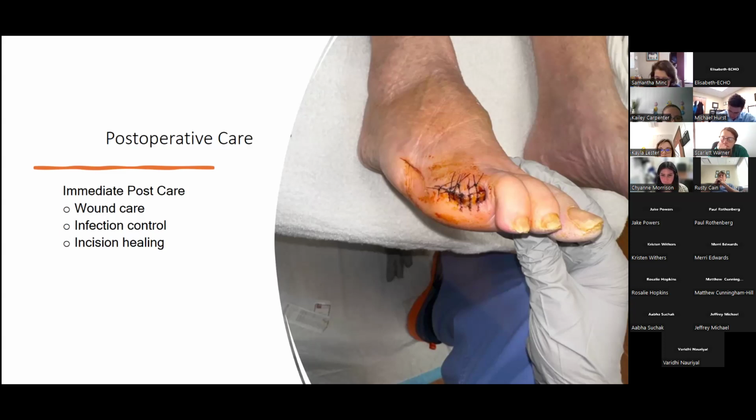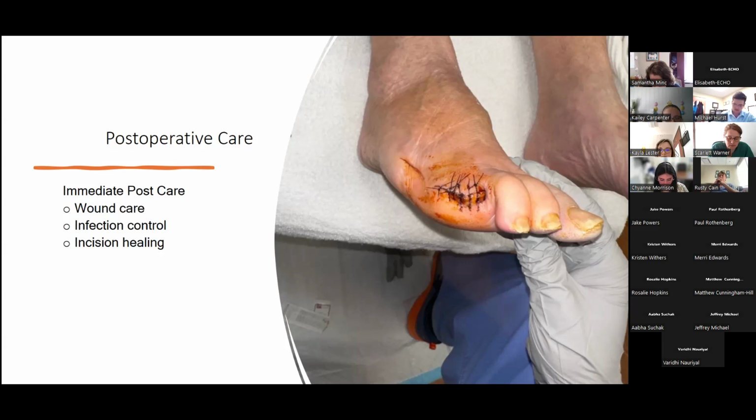So if somebody has poor vascular status and they come with an infection, have that discussion with the vascular surgeon about at what level they think they can heal this amputation. And that's going to depend a lot on where you're going to amputate. Wound care, a lot of times if we can get it closed, I try to get it closed.